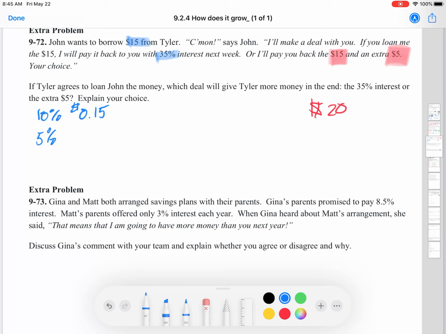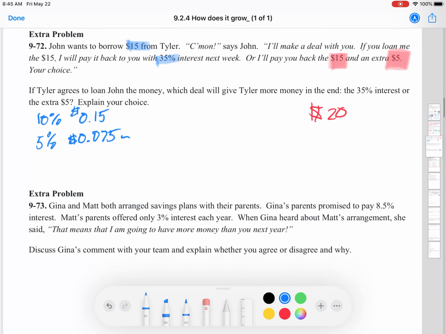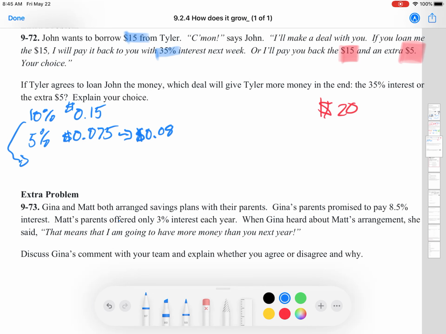Now we could leave it at 7.5, right? Oops. 7.5, not 75, sorry. 0.75 cents. Now that doesn't make sense, so we do have to round that, right? Well, we'll have to round that to $0.08. Okay.